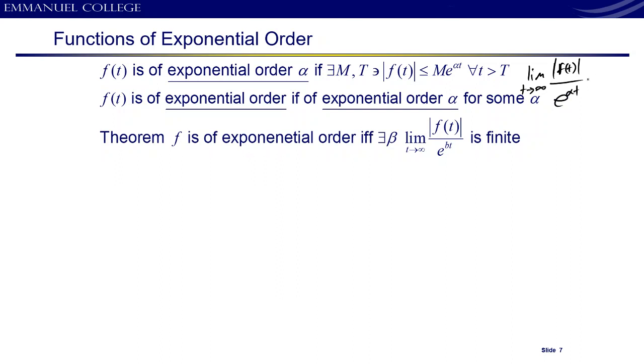Divide by e to the alpha t, because we're typically not trying to get e to the alpha t to be negative. So typically you want to think of alpha as a positive number. So less than or equal to m. So m is just a constant, and it's a positive constant.